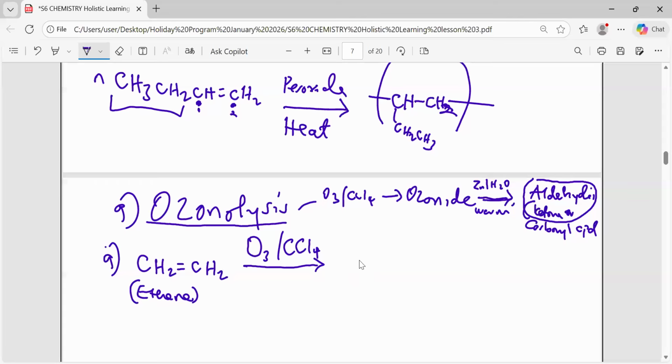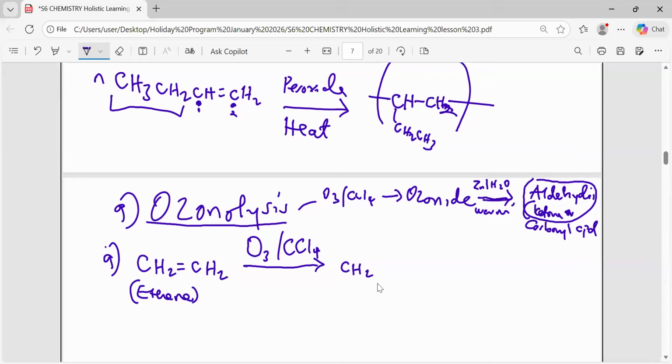Ozonide. Can you tell me how we form this ozonide here? Not necessarily the mechanism, but the compound. HCOH.